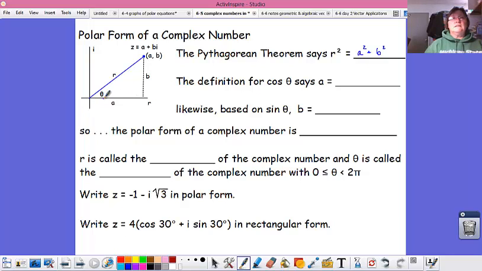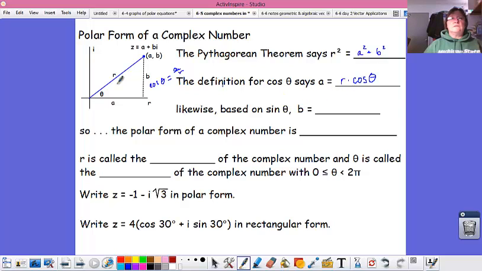Think about the cosine of the angle theta here, and I'm going to just jot that down. The cosine of theta, well, that would be its adjacent side a over r. So if we solve that for a, then a is equal to r times the cosine of theta, and I hope that sounds familiar to you, because we've seen that before.